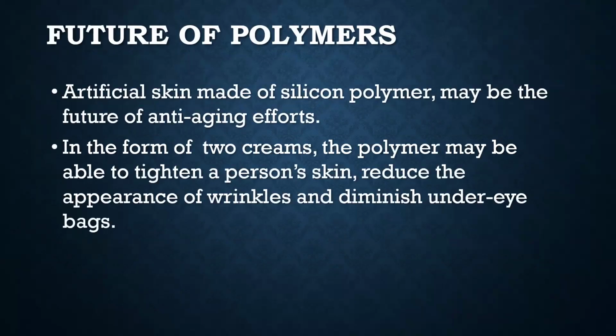Also, artificial skins, like the silicone polymer that is used for anti-aging, and also some face creams and cosmetics. There is a polymer that is able to tighten the skin and reduce the appearance of wrinkles. For example, collagen.